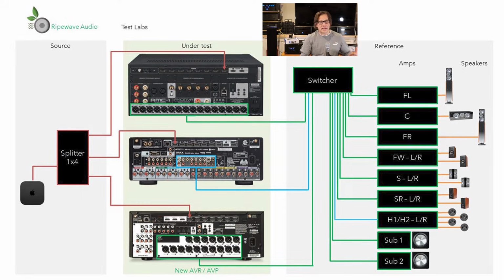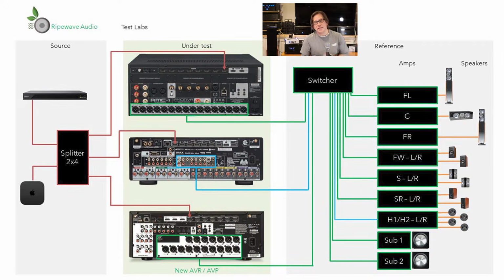And now we've got that same signal. I don't have to switch anything on the source side. I can just play that and then go to the switcher for the output from the pre-outs, and then that determines which receiver or processor are going to the common amplifiers and common speakers.